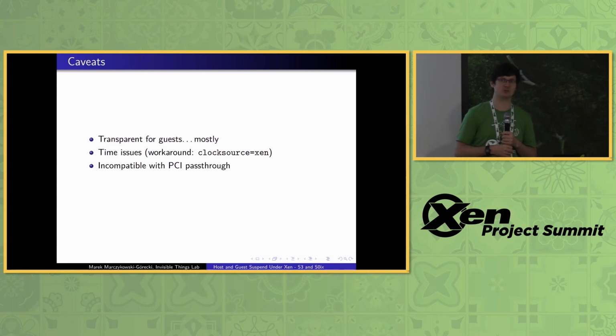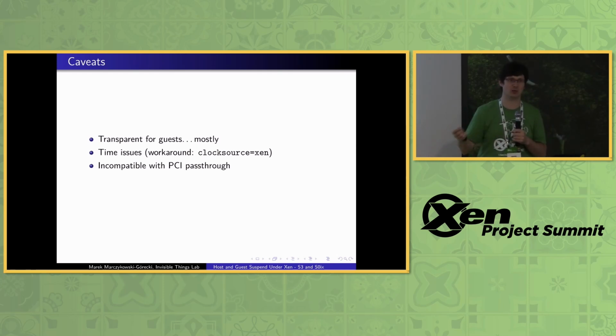If you just pause a guest that has a PCI device and try to suspend the host, very funny things may happen. This includes the host not suspending at all, or just freezing somewhere in the middle because devices are not properly suspended, or, if you are lucky, those devices not working after resume.